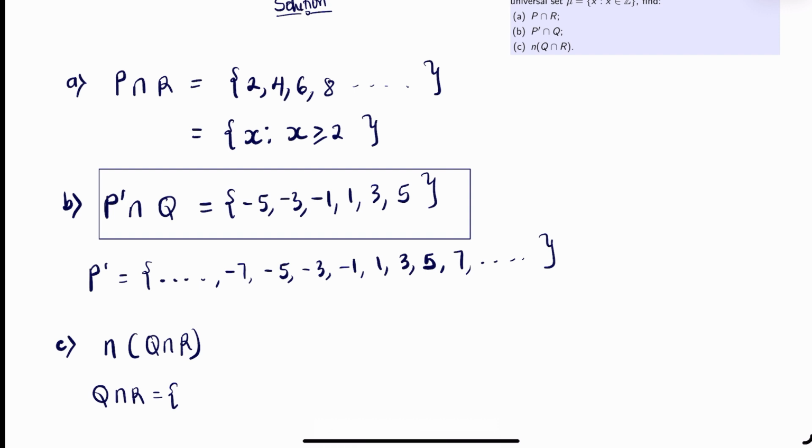And R is the set of all numbers that are greater than 0. So we're going to have Q intersection R to be giving us 1, 2, 3, 4, 5, and 6, right? So then the number of elements in Q intersection R is equal to 6. And so n of Q intersection R is equal to 6.